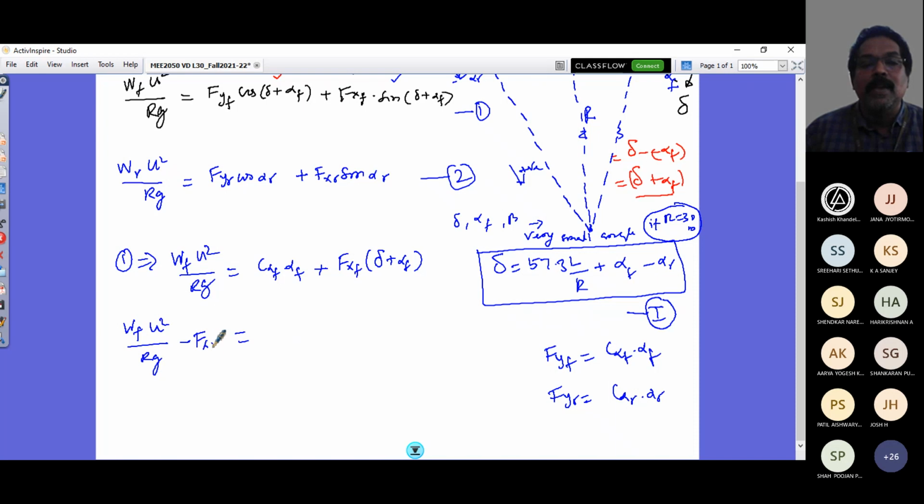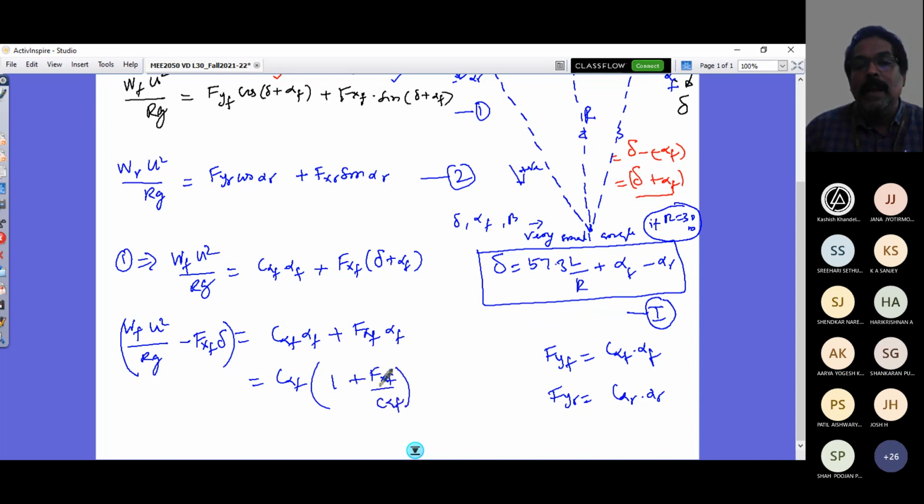That's going to be FXF into delta, right? And here what will I have? C alpha F plus FXF alpha F. And in this, if I take alpha F, C alpha F out, this is going to be 1 plus FXF by C alpha F, and I take alpha F out.